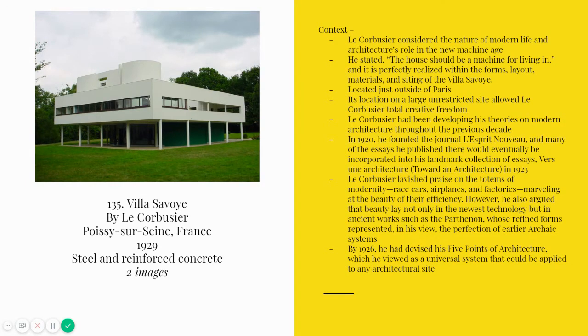So contextually, Corbusier considered the nature of modern life and architecture's role in the new machine age. This was an architect, or a group of architects, who really believed that modern life should look almost industrial. Now, I'm hoping that maybe you remembered something from our last screencast.